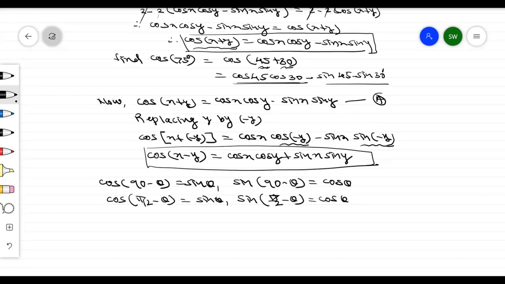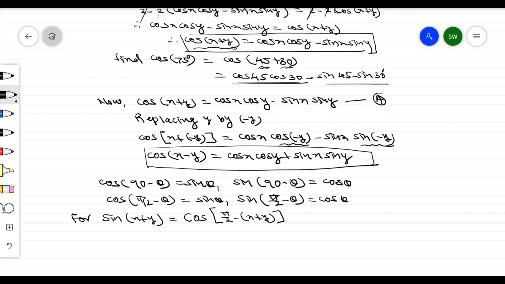So to derive the formula of sin of x plus y, I am writing this in terms of cos of pi by 2 minus x plus y.